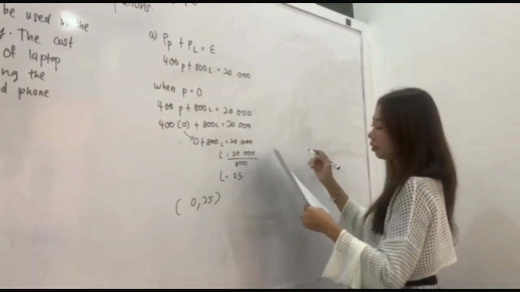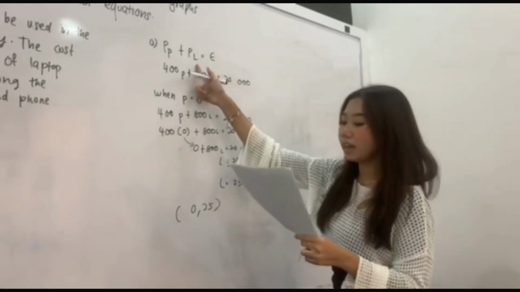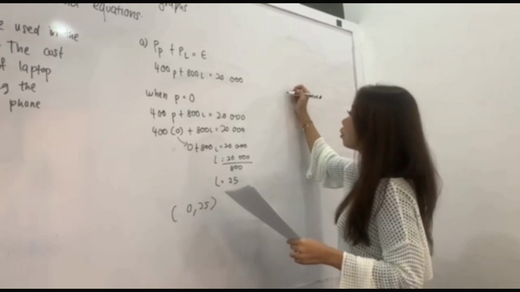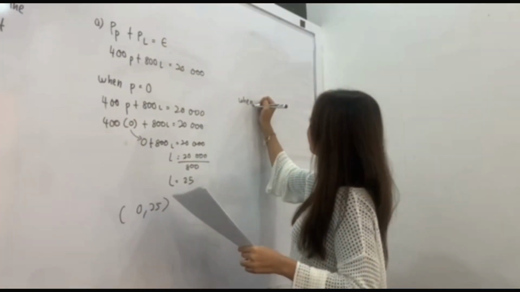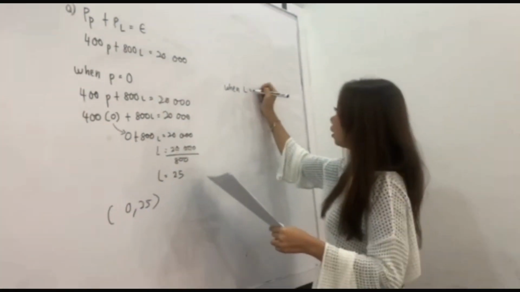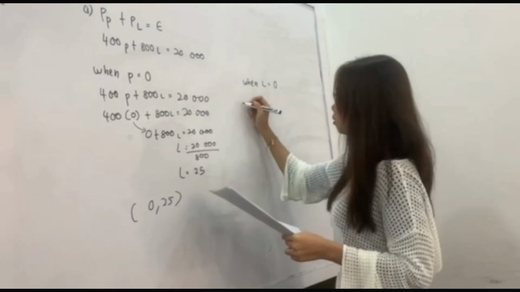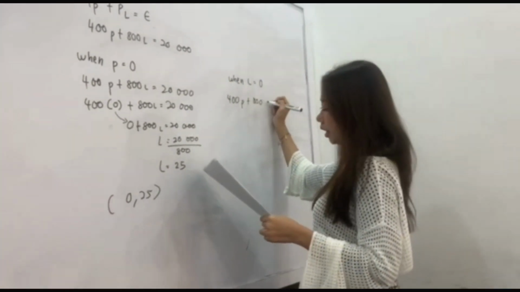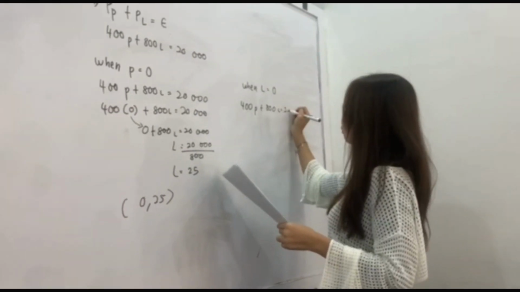For the second part, we have two parts, which is when P and when L. So this is when L equals 0. So 400P and 800L equal 20,000.